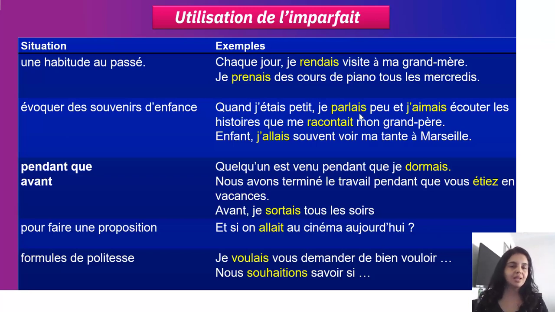Raconter des histoires is to tell stories. Quand j'étais petit, je parlais peu et j'aimais écouter les histoires que me racontait mon grand-père. Enfant, when I was a child, j'allais souvent voir ma tante à Marseille. I used to go visit my aunt in Marseille.